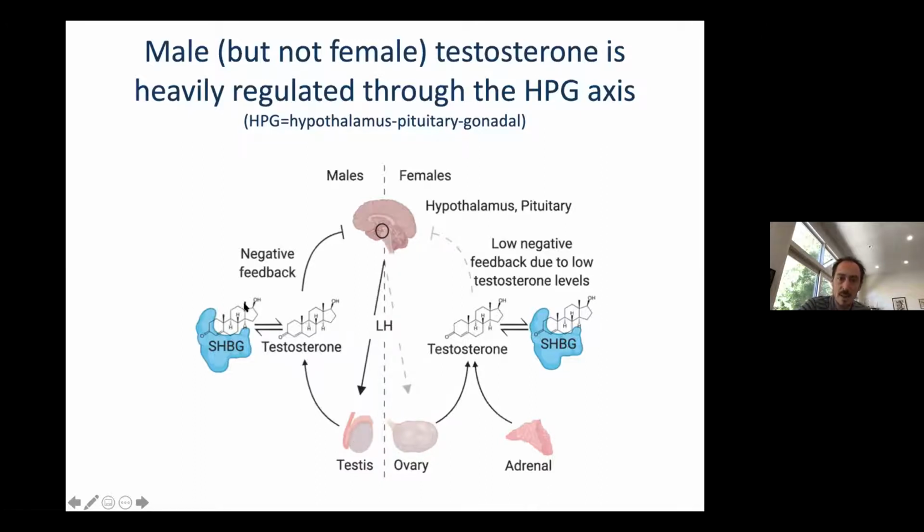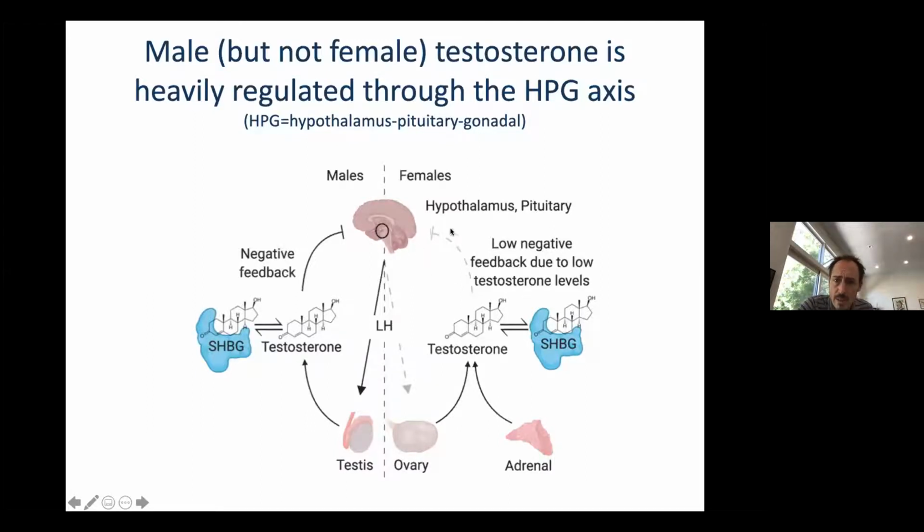Now, the importance of SHBG is that it takes some of the testosterone out of circulation, so it becomes bioinactive, and that reduces the negative feedback loop. So you get basically a negative correlation between the amount of SHBG and the amount of testosterone that is produced.